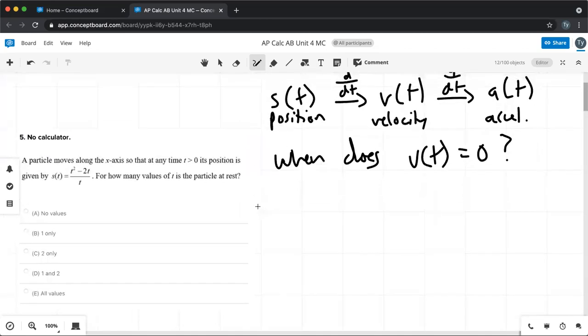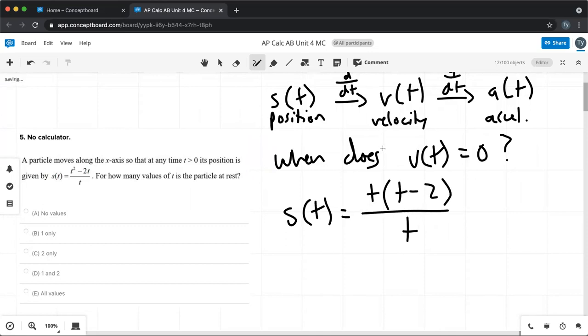When I first did this problem, I just started doing the derivative. I did quotient rule, but we don't actually need to do that because if you look, we can factor out a t from the numerator. So t squared minus 2t: if we factor out a t, we get t times t minus 2 divided by t, and then this nice thing happens where the t's cancel out. So we don't even need to do quotient rule.